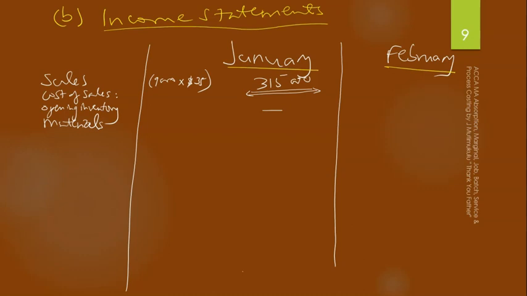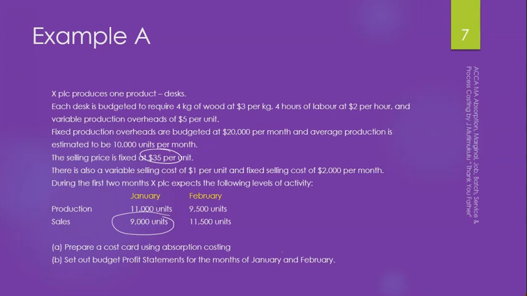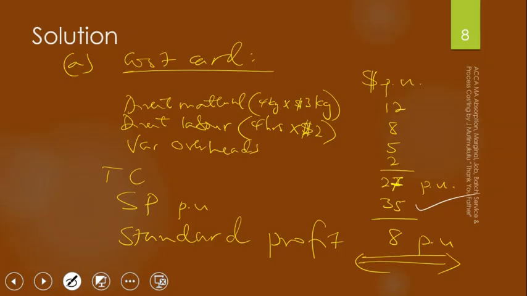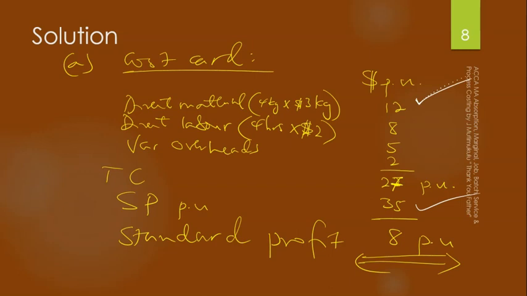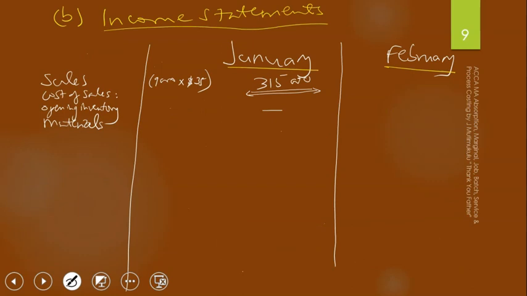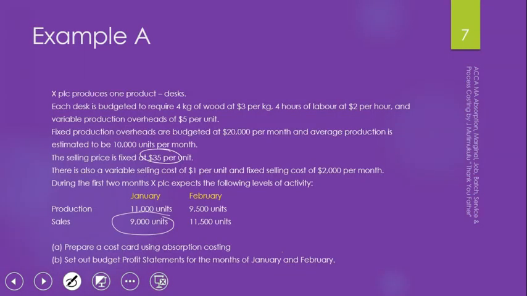So materials, the material cost. We have determined that the material cost, in our cost card, was $12 per unit. But how many units were actually produced?